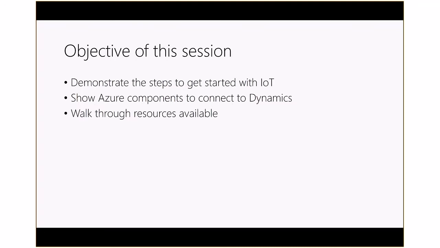So we're trying to make a full circle here from getting the device, how you set it up, and of course most of these things are just step-by-step guides to get the basic knowledge of what it does and how it works. But then essentially we're going to walk through the steps, like what are the components we use to get that information to create a ticket or an event or a case or a lead or whatever you want into Dynamics, where the actual business process of the customer can then pick it up further.